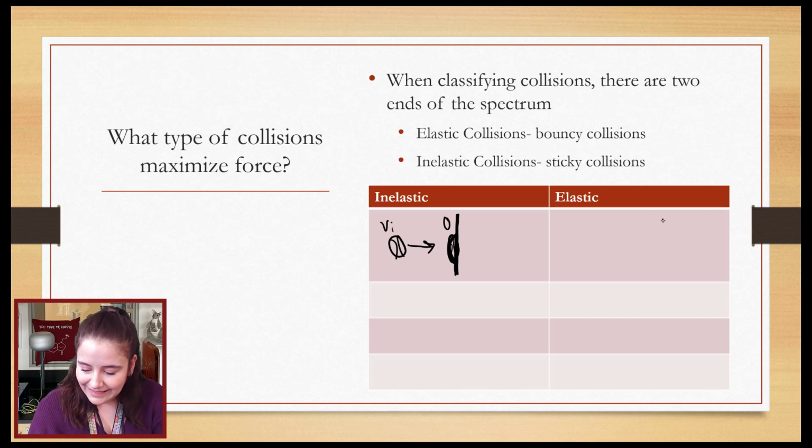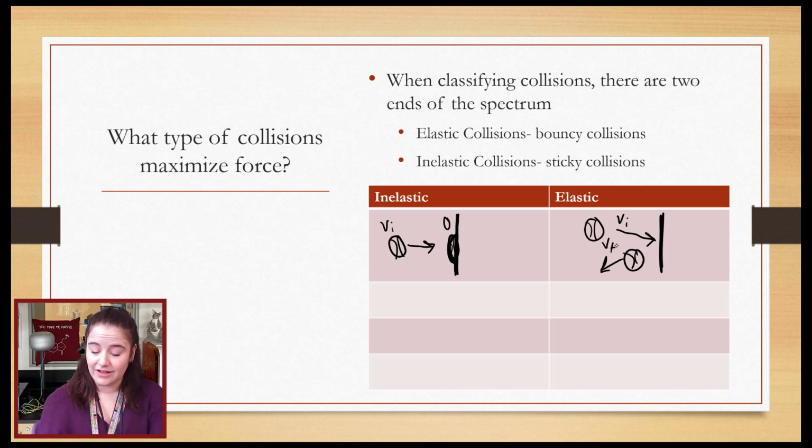Whereas in an elastic collision, the ball is traveling with some initial velocity and then bounces back off with some final velocity, okay? So if we're thinking this out, the change in velocity in the inelastic collision just equals 0 minus that initial velocity, so minus v initial.